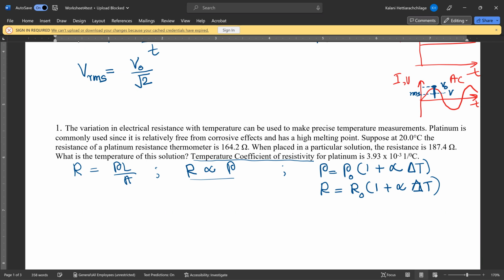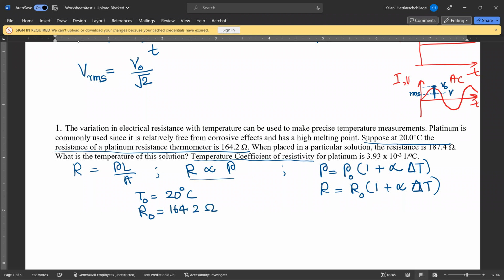Suppose at 20 centigrade the resistance of the platinum that you are using is 164.2 ohms. That means your initial temperature T naught is 20 degrees and R naught is 164.2 ohms.